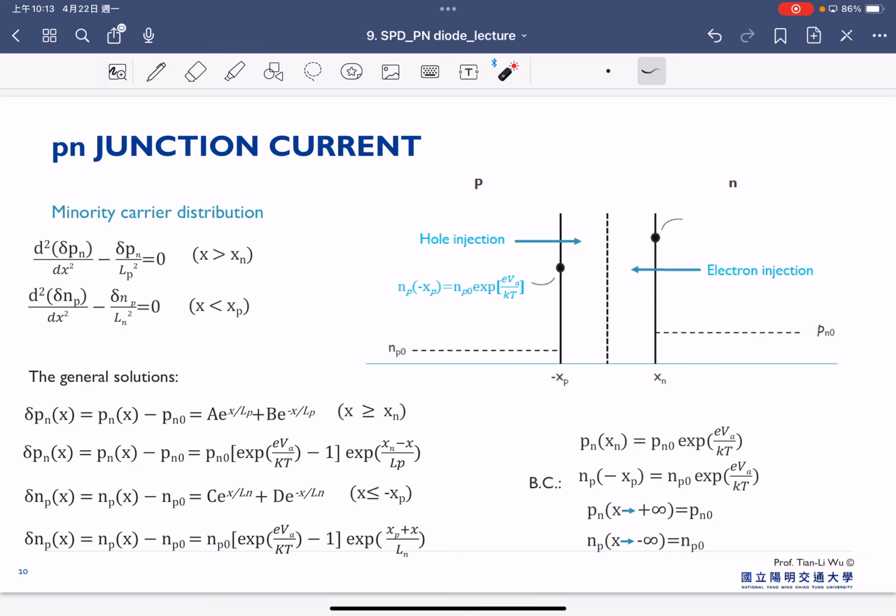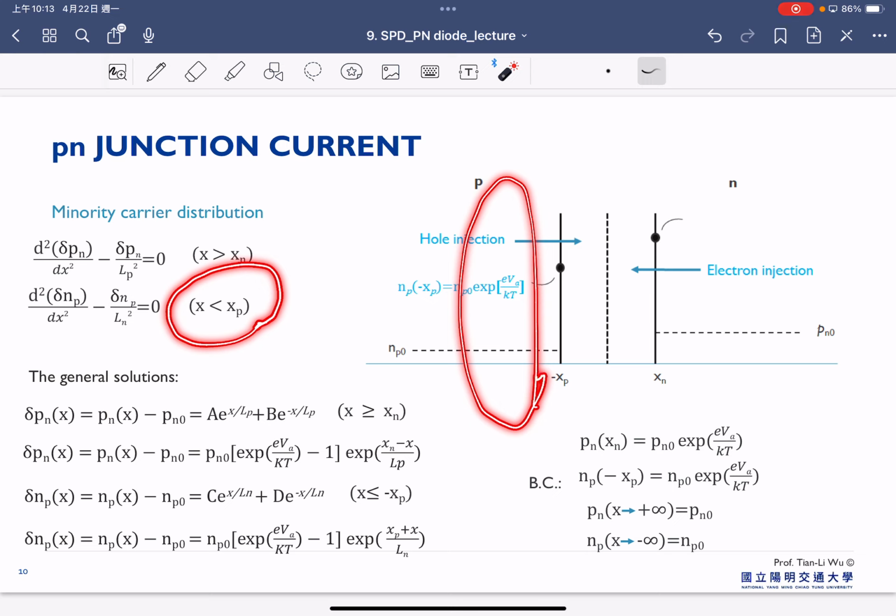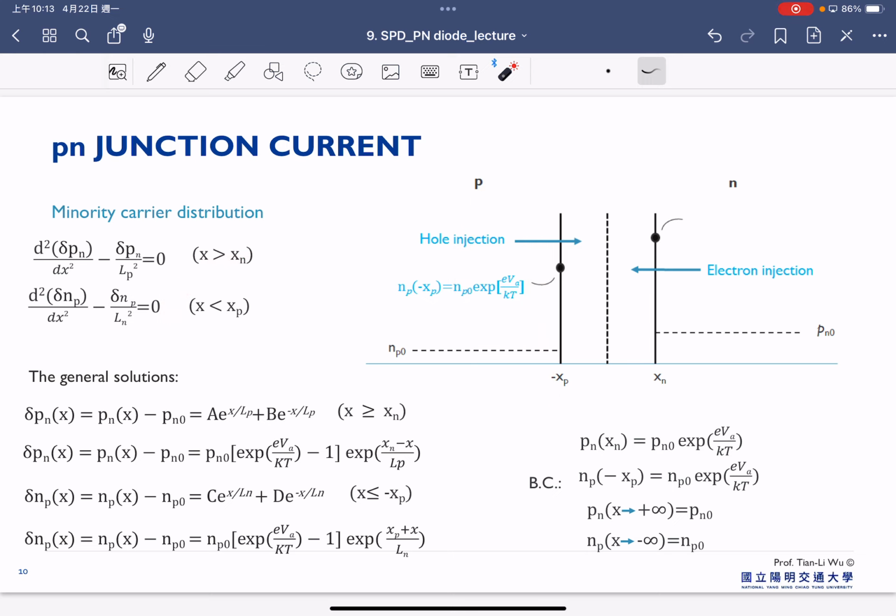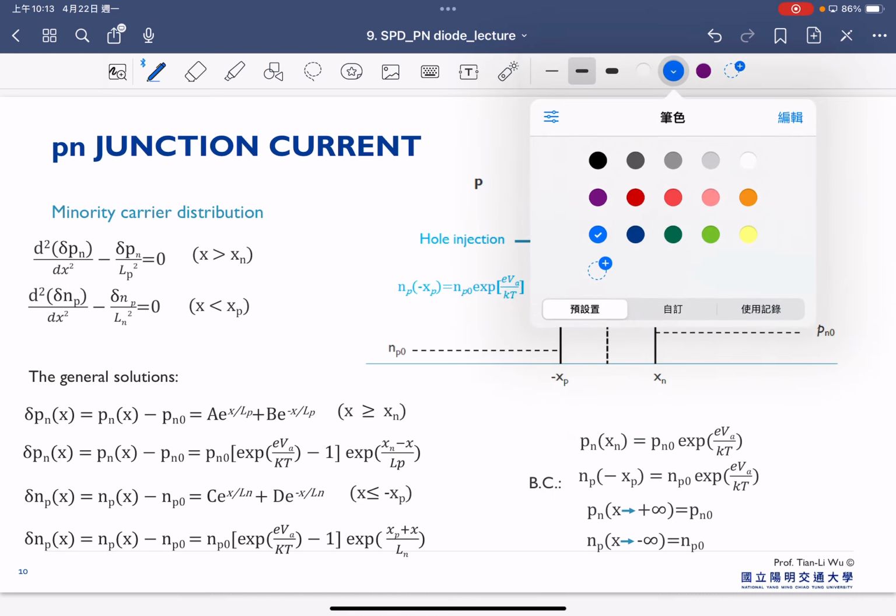We have this equation which is x smaller than xp, so that's in this region. And the general solutions can be shown in here, so we don't do this calculation. But with the boundary conditions considered, we have different boundary conditions here.